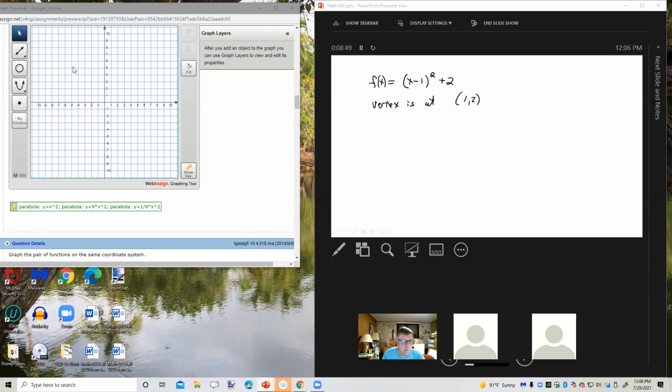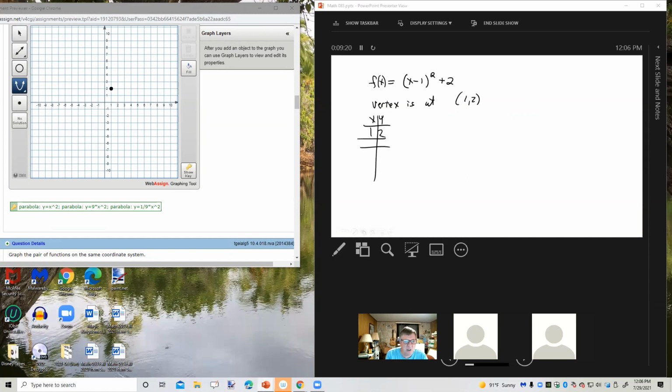So I'm going to come over here. I'm graphing a parabola, so I'm going to highlight the parabola shape. I'm going to click it until it turns blue. I'm not going to go with the points or the straight line, but the parabola until it turns blue. Then the first point that I plot, 1, 2, is going to be the vertex. Okay? Now I need to find a second point.